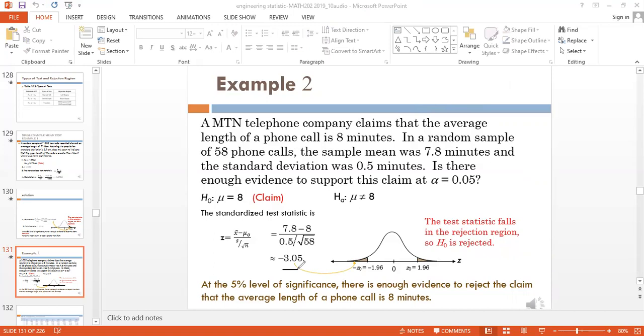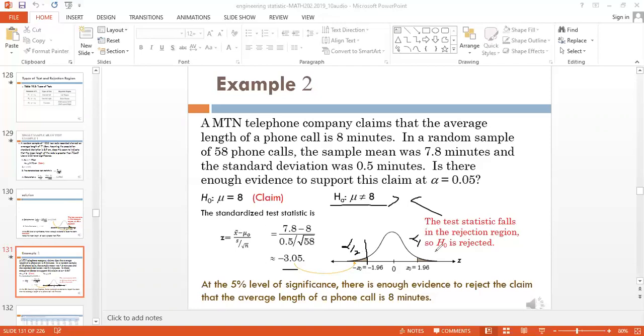Okay, so once you've obtained this value, the next thing to do is to decide on the decision rule, where we once again are going to use the critical value approach. The first thing you do is check the sign of the alternate hypothesis. Here we have mu is not equal to, which can be greater than or less than. So we have half of the rejection region on the left, alpha on 2, and the other half on the right side, alpha on 2.